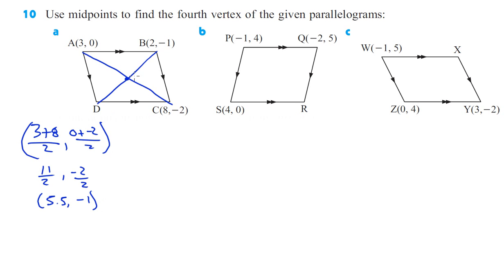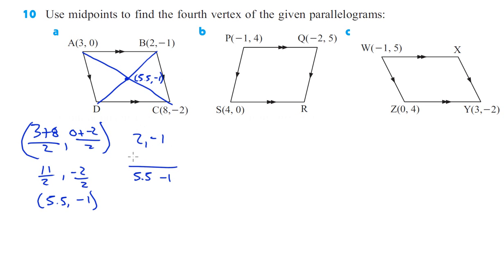So that's the midpoint. So to get from here to the midpoint, which we now know is 5.5 and negative 1, let's start with 2, negative 1. What do we have to do to that to get to 5.5 and negative 1?